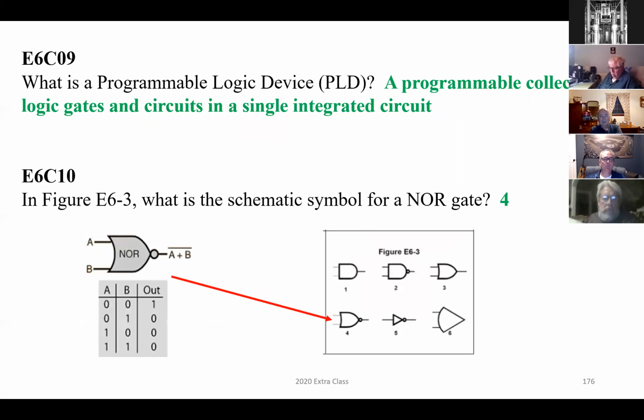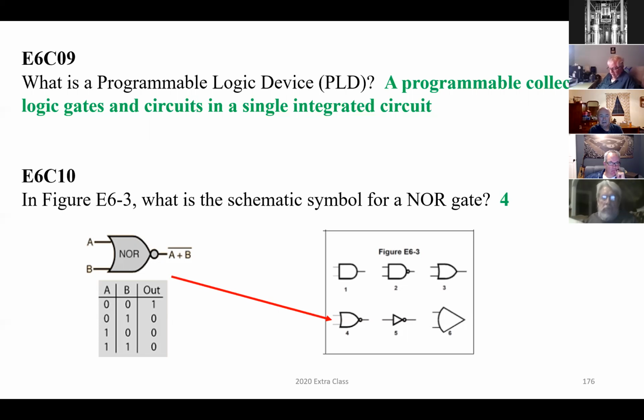Okay, number 9. What is a programmable logic device? It is B, a programmable collection of logic gates and circuits in a single integrated circuit. Number 10.